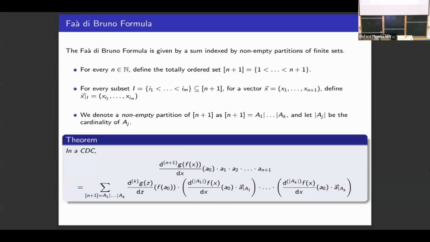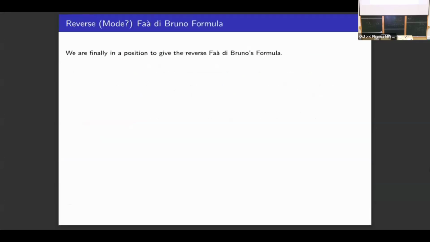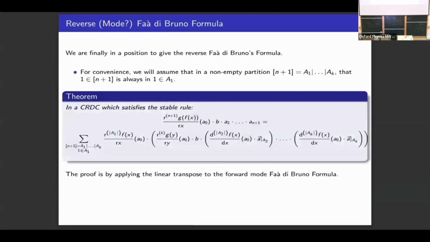This is the Faà di Bruno formula in a Cartesian reverse differential category, which is essentially saying that it's the sum of the lower order derivatives. And just to conclude, here is the reverse mode Faà di Bruno formula for higher order reverse derivatives.